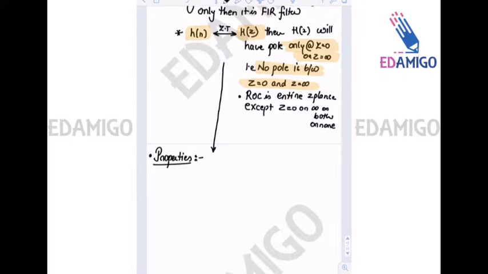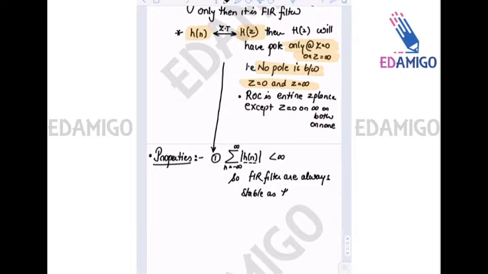So the property is, as we know, the stability of the system means the summation of mod of h[n] from minus infinity to infinity should be less than infinity, and since for an FIR filter h[n] is non-zero only for a few values of n, FIR filters are always stable, as they satisfy the condition given in equation number 1.